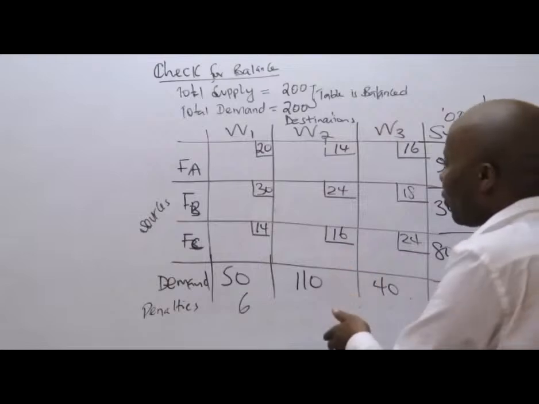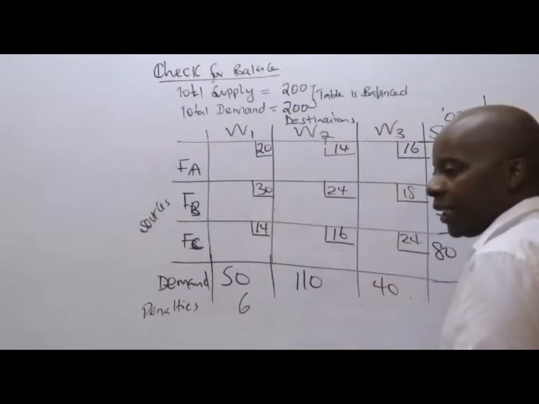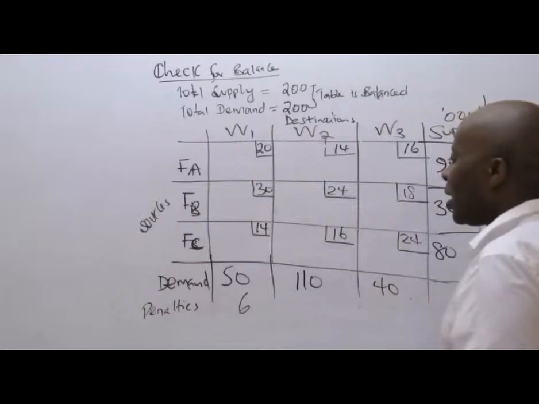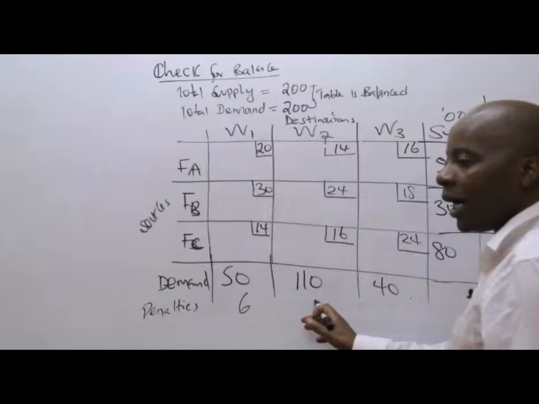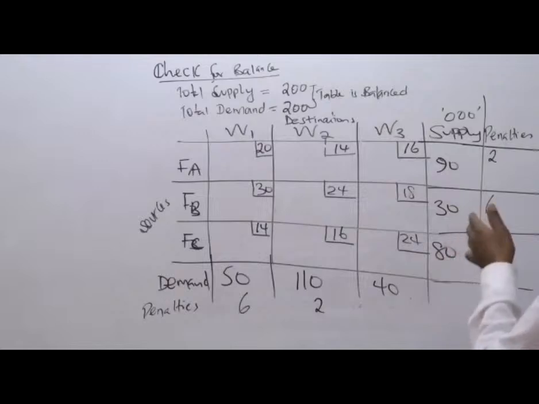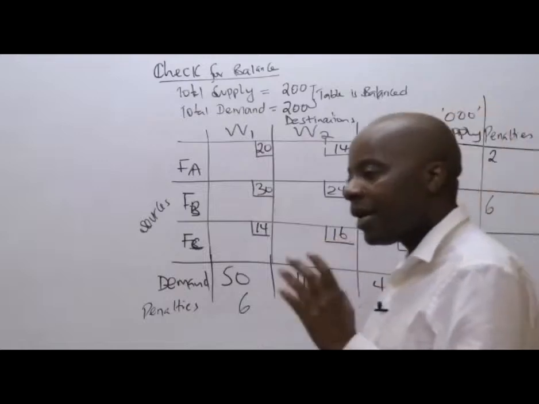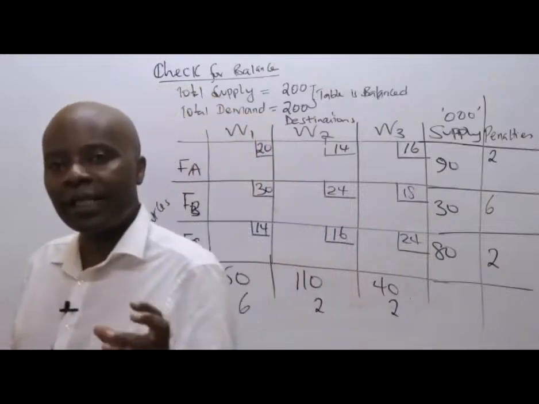From there, we have column 2, where we have 14 vis-a-vis 16. This gives me what penalty, somebody here? 2. Thank you very much. Lastly, column 3. The very best is 16, followed by 18, which gives me a penalty of 2.